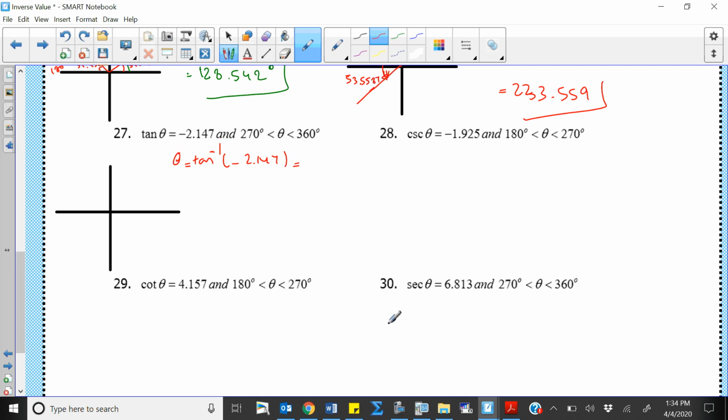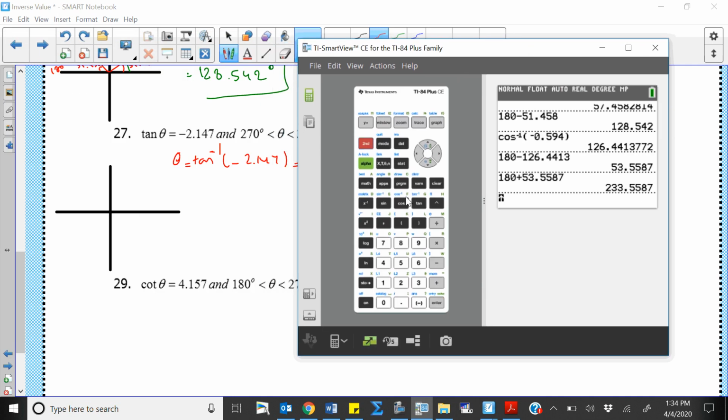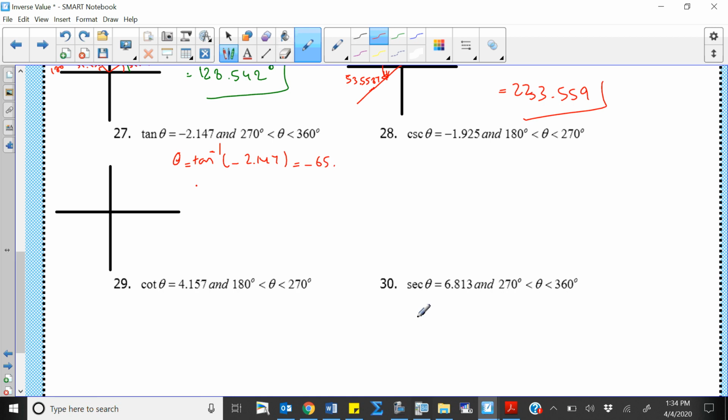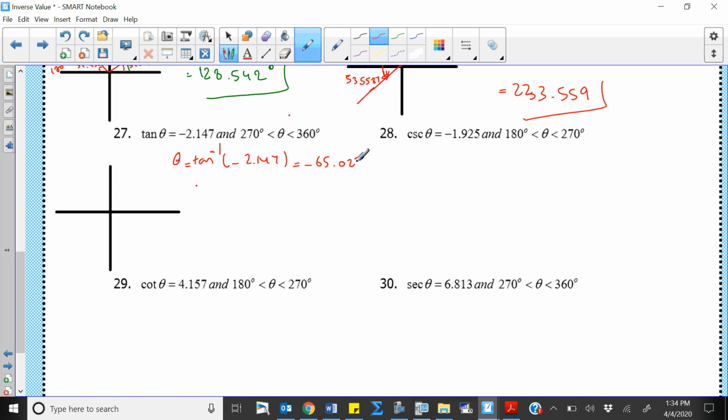The calculator tells me that tangent -1 of negative 2.147 is equal to negative 65.0254. So the angle that the calculator is giving me is this one, that starts from 0 and goes in the negative direction. This is what the calculator is giving to me.